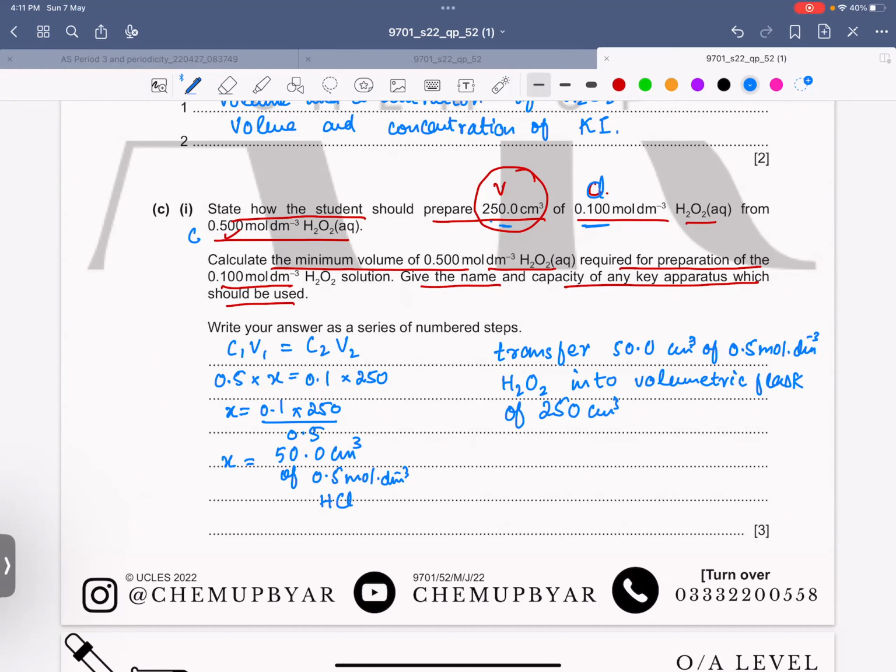Because they have given us the capacity of the volumetric flask that we have to use. And we would transfer it by using a burette.